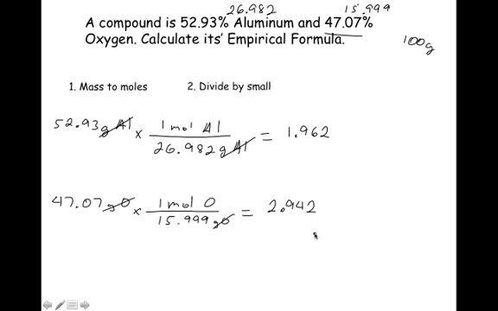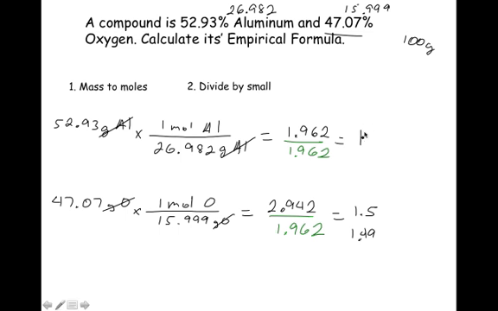Now we're going to divide by small. The smaller one of these is the 1.962, so divide both of these by 1.962. That is going to give you obviously a 1 here, and here it gives you 1.5. It actually gives you like 1.499, but that's okay because it's going to round to 1.5.